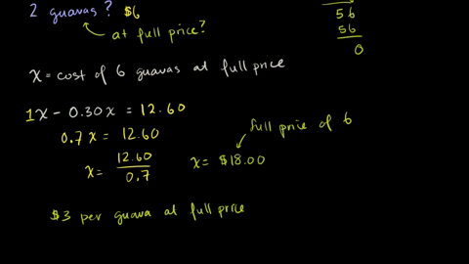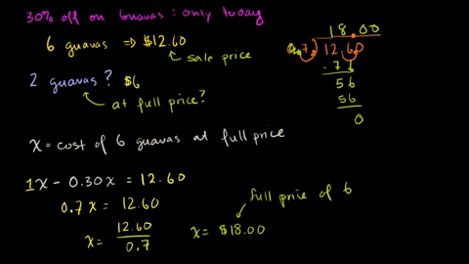So just to give a quick review of what we did. We said the sale price on 6 guavas, $12.60, is 30% off the full price. Or you could say this is 70% of the full price. So if you say x is the full price of 6 guavas, you could say the full price of 6 guavas minus 30% of the full price of 6 guavas is equal to $12.60.